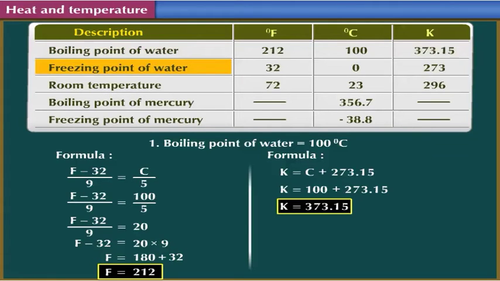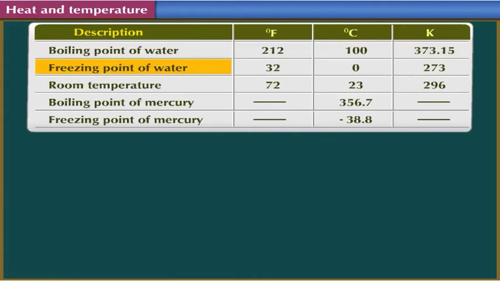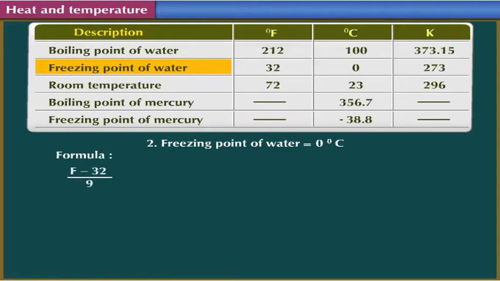Next is freezing point of water. 2. We know that the freezing point of water is 0 degrees Celsius. Let us convert it to degree Fahrenheit using the formula F minus 32 upon 9 is equal to C upon 5. Thus, F minus 32 upon 9 is equal to 0 upon 5.